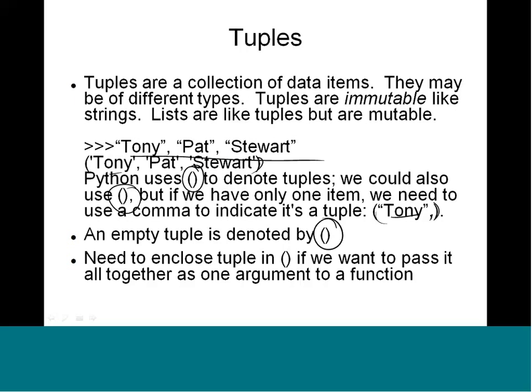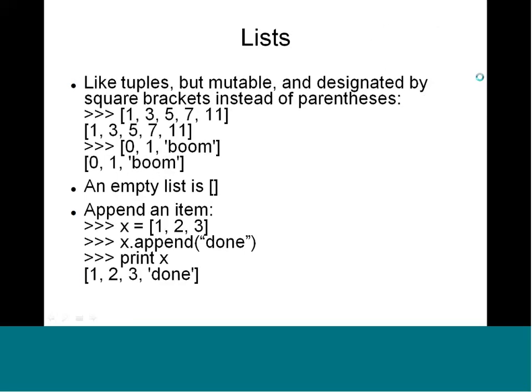We need to enclose a tuple in parentheses if you want to pass it all together as one argument to a function. So in a tuple we have this notation where we pass the entire thing as one object.